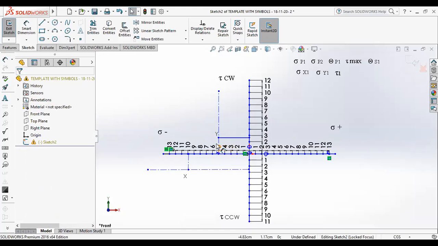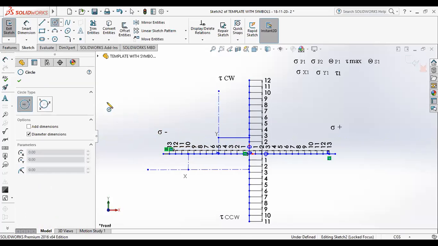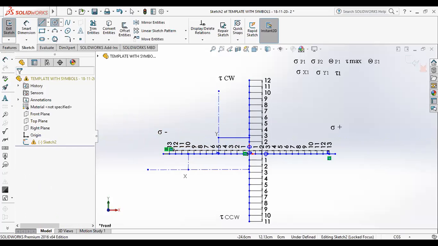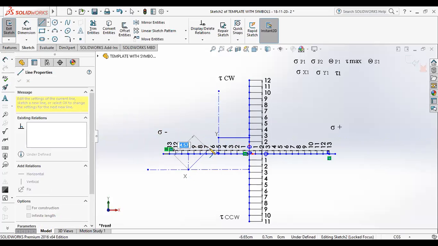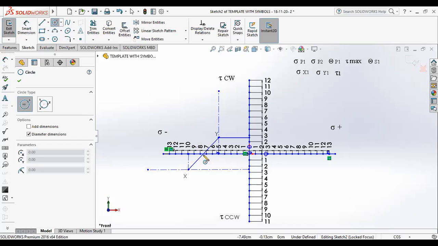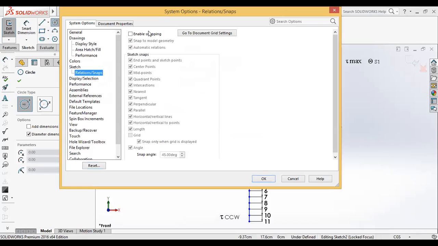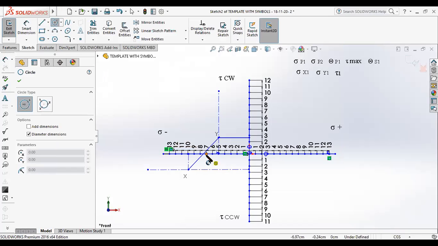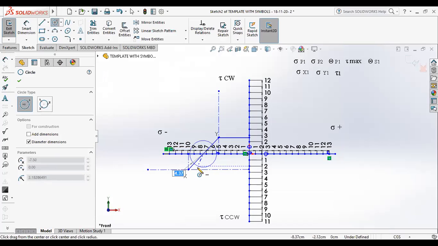This is my point Y, point X. Draw a circle, or draw a straight line first, joining these two points. This is my center.